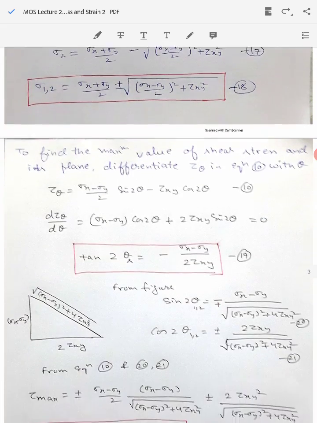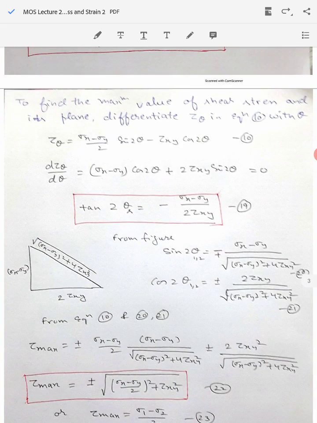Now to find the maximum value of shear stress that is acting, and to find the location of the plane at which it is acting, let's differentiate equation 10 with respect to theta. So I have written here equation 10, which we determined for tau theta. So this is sigma x minus sigma y by 2 multiplied by sine 2 theta minus tau xy cos 2 theta.